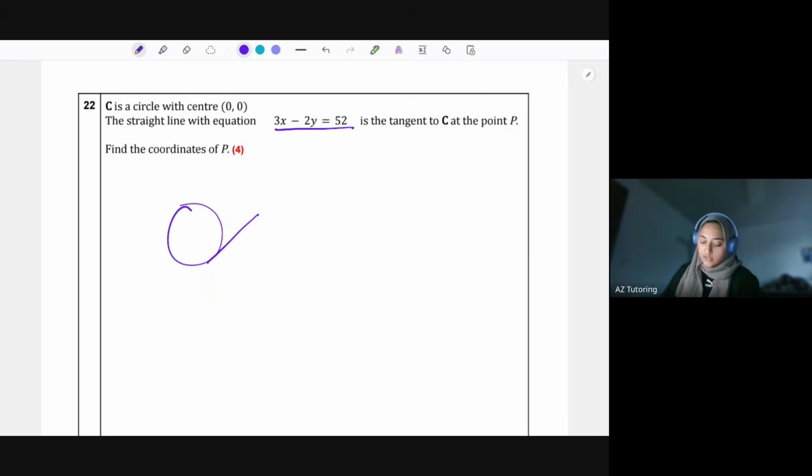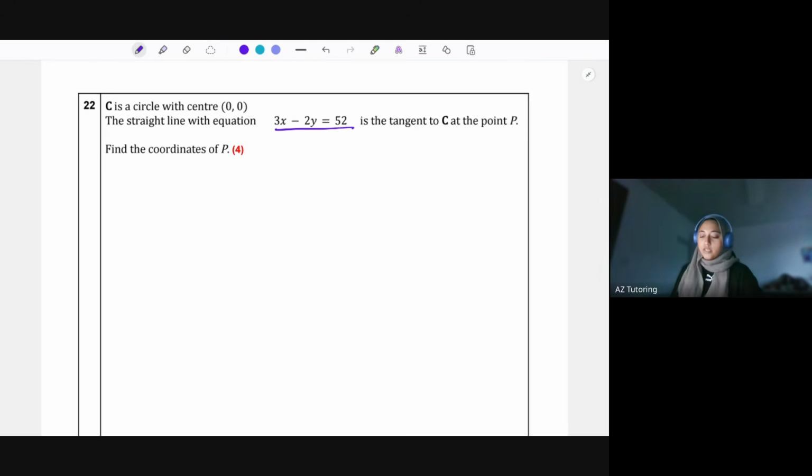Remember, a tangent is a line that touches a circle. And it's saying that the point P, so this would be P here, is the point where the tangent touches the circle. So that's basically what it means graphically. It's worth drawing graphs if it makes you understand a question. So find the coordinates of P.